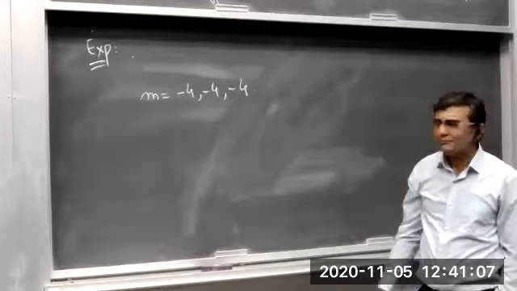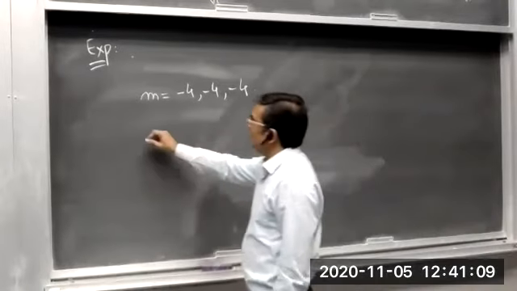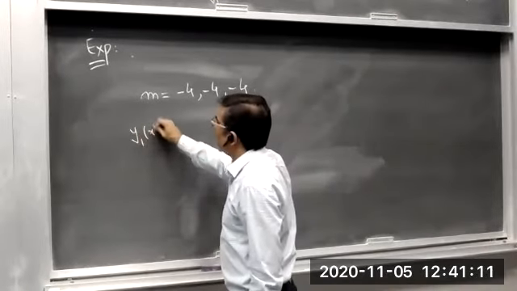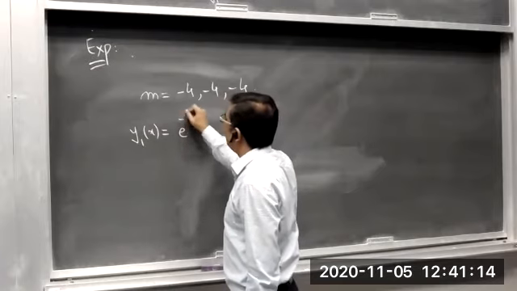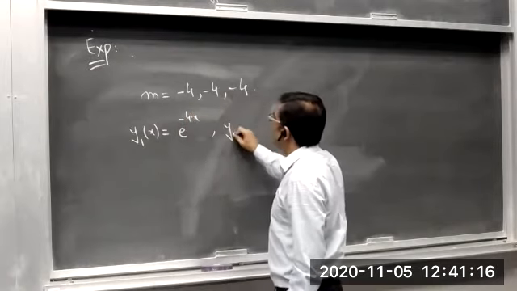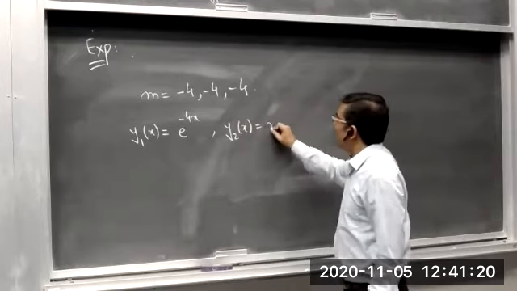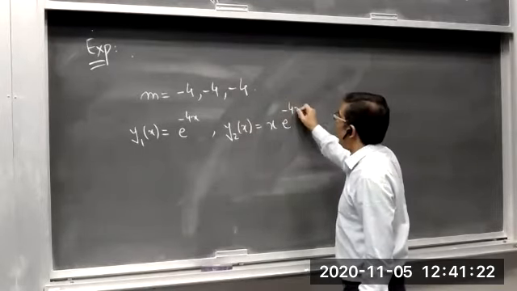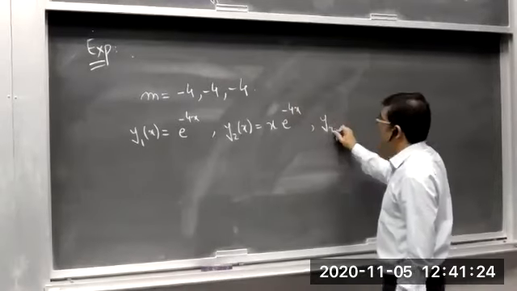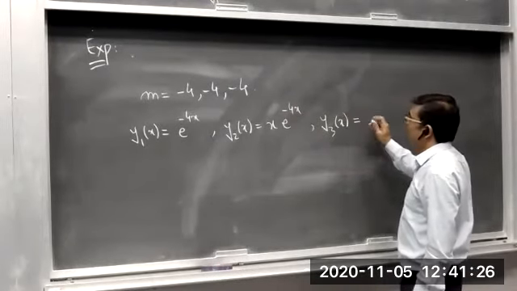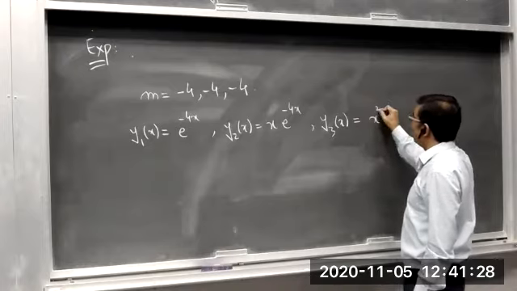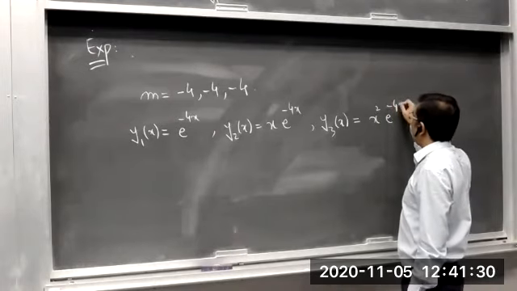Okay. In that case, y1 will be what? e raised power minus 4x. y2 will be what? x times y1, means x times e raised power minus 4x. And the third solution will be what? It will be x square e raised power minus 4x.